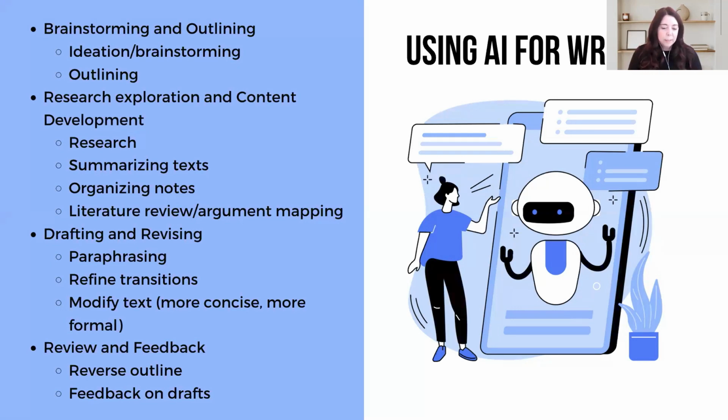Thinking about drafting and revising, this is really where I prefer to use AI in my own writing. I think that AI's capabilities here are really powerful. So you can use AI to think about how to rephrase a sentence or a section for clarity. I love using AI for refining transitions.